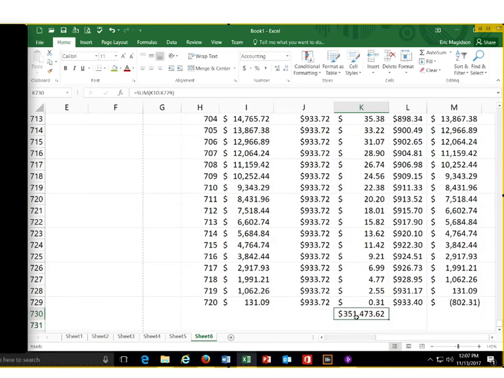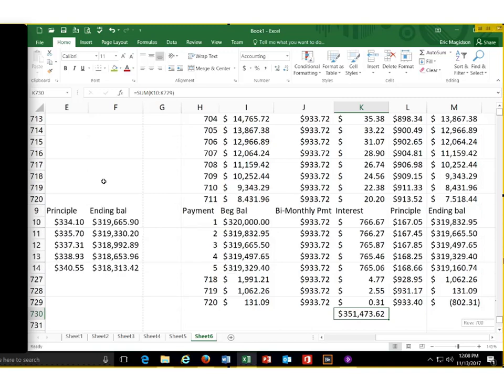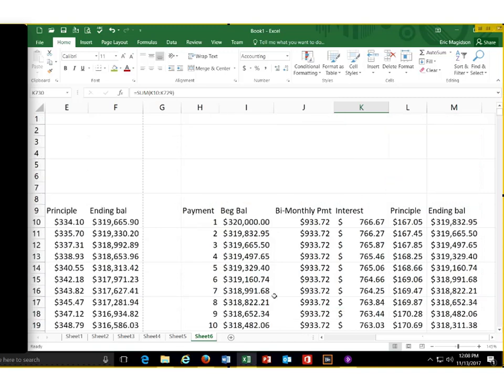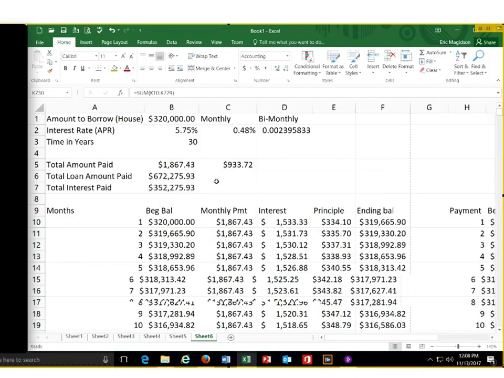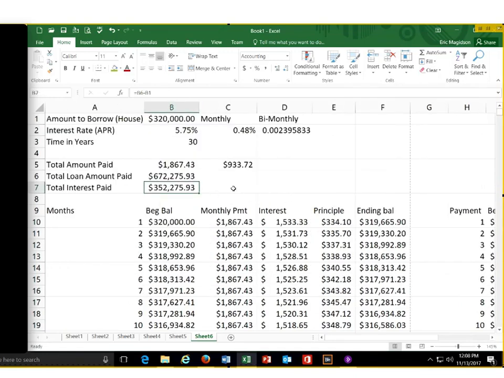We saved some serious interest, people. Our interest to make 2 payments a month, $351,473, right? I'll come up here. Where was our other interest? For our first loan, this was the interest we paid, right?